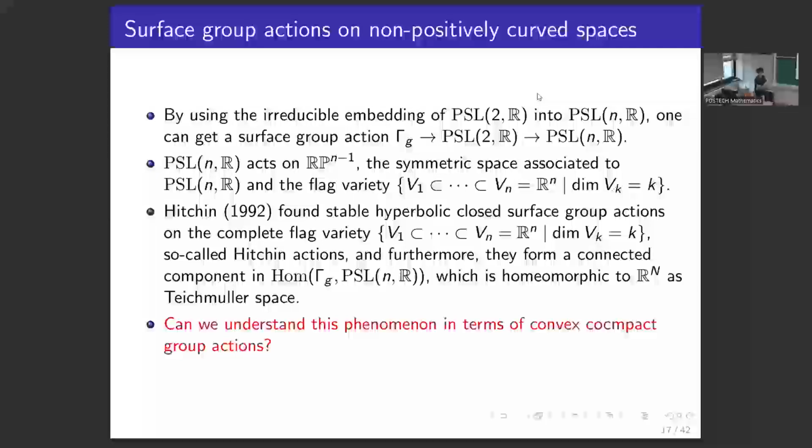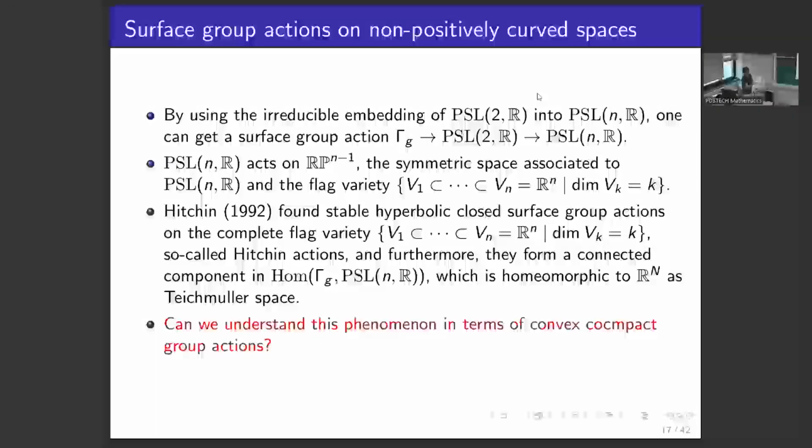Given by Hitchin. So by using the irreducible embedding of PSL2R into PSL-NR, you can get the surface group action on some space. Okay. So anyway, we have a surface group, a homomorphism into PSL-NR.